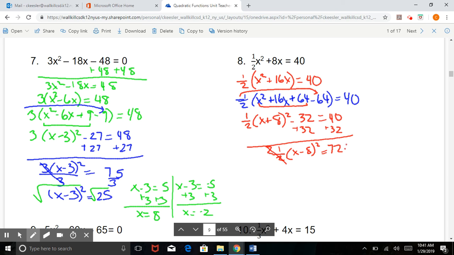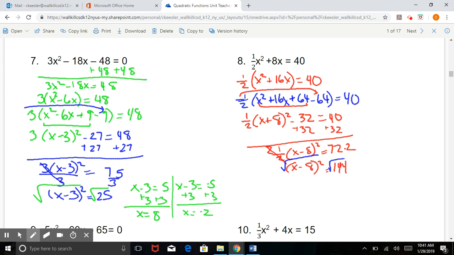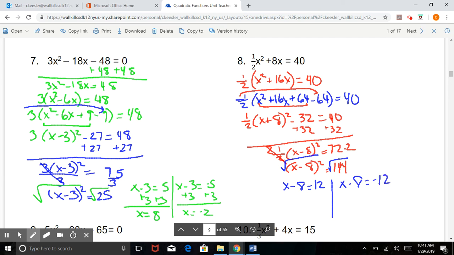Multiply by 2, get rid of the fraction. X plus 8 all squared equals 144. Take the square root. X plus 8 equals 12, or x plus 8 equals negative 12.